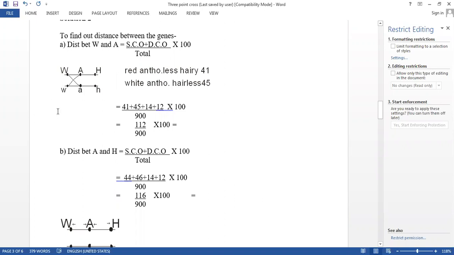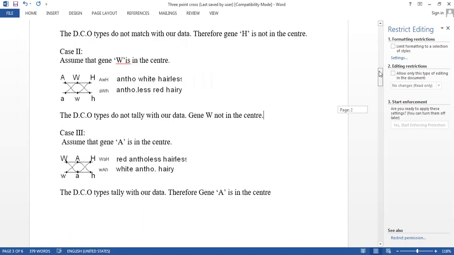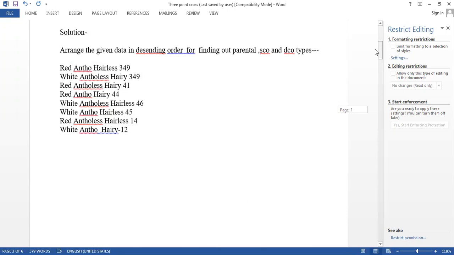After crossing over, what will happen? You will get the combination capital W, small a, small h. These are the genotypes. Capital W stands for red color, small a stands for anthocyanin-less, and H stands for hairy. And in this combination, from here you will see that this is 41 in number.